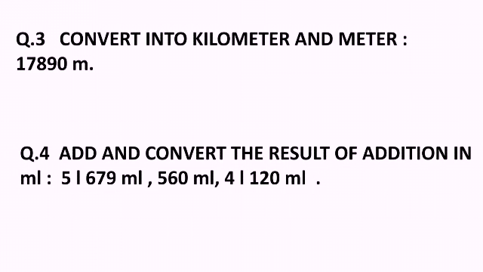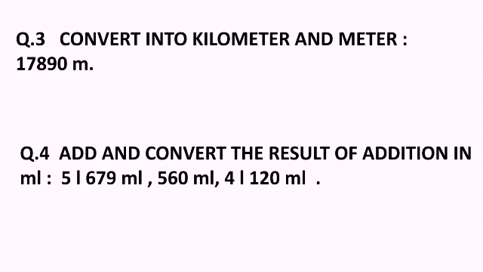Add and convert the result of addition in milliliter. So here 3 amounts are given: 5 liter 679 milliliter, 560 milliliter and 4 liter 120 milliliter. You need to first add the 3 amounts. Then you have to convert it into milliliter.